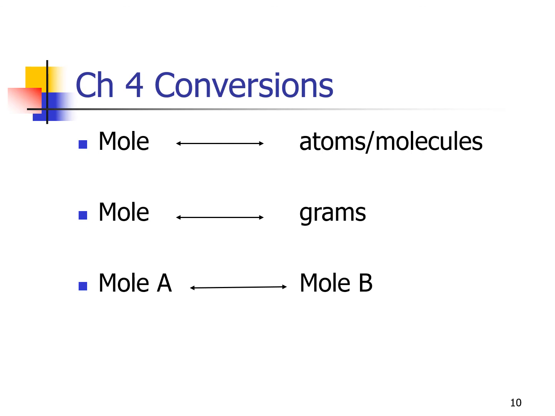This is a review of the 3 types of conversions we've discussed in Chapter 4. The first is if you are given moles of a substance and you are asked to convert to atoms or molecules of that substance, you would use Avogadro's number. If you are given moles of a substance and you are trying to find grams, you need to know how to convert that.